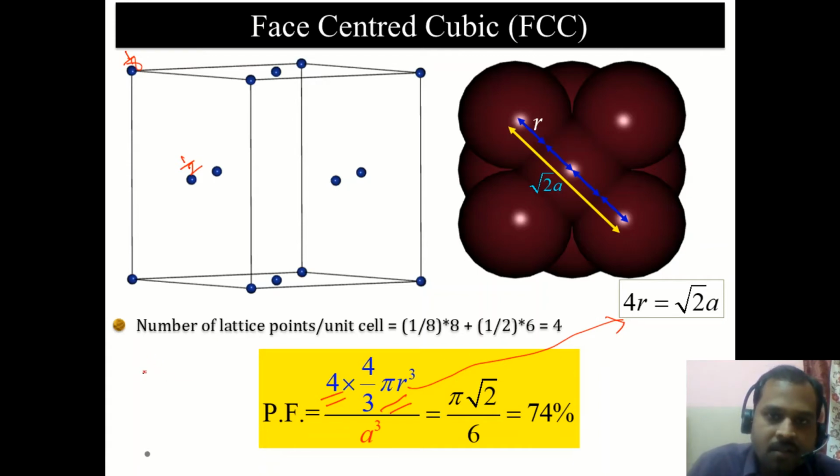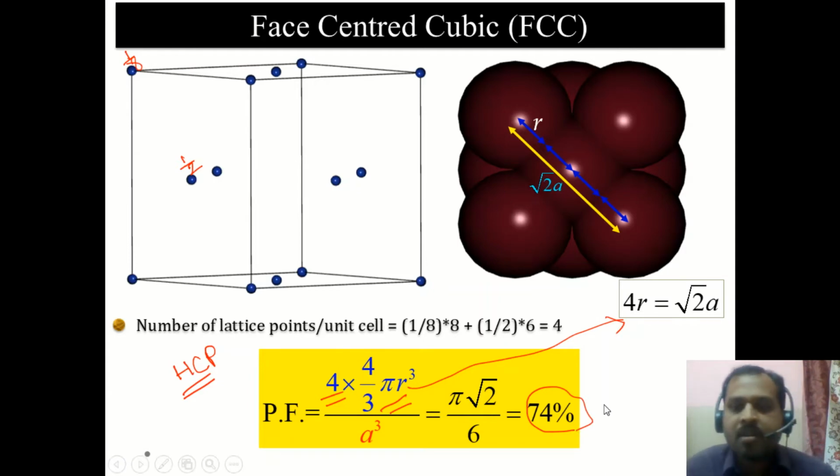And we'll see that this FCC is the maximum packed structure. FCC as well as the hexagonal close pack system, they are the maximum packed structure. That means they have the highest packing fraction of 74%.